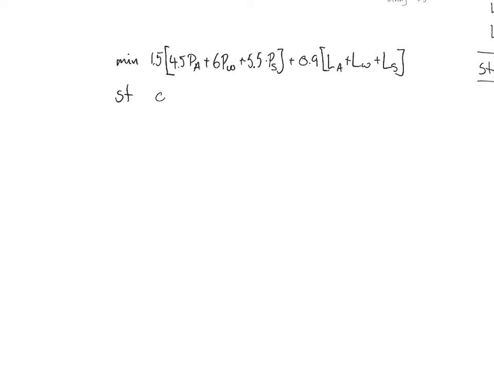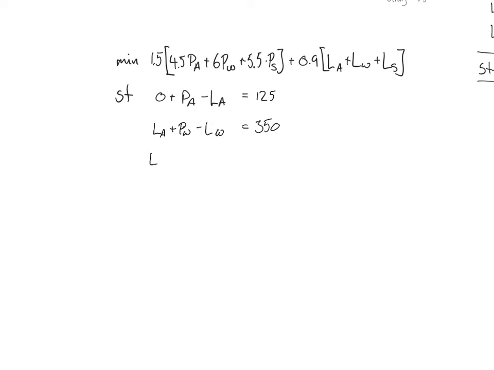We needed a 0, plus the production in A, minus the ending inventory. That should be equal to 125. Then we needed the starting inventory in the winter plus the production in the winter minus the ending inventory of the winter. That should be equal to 350.